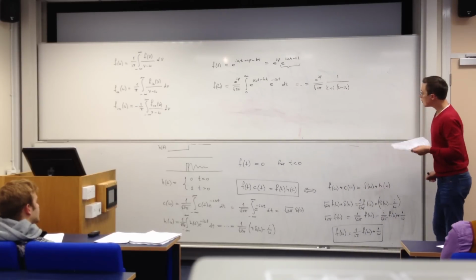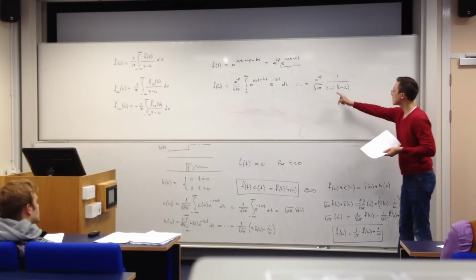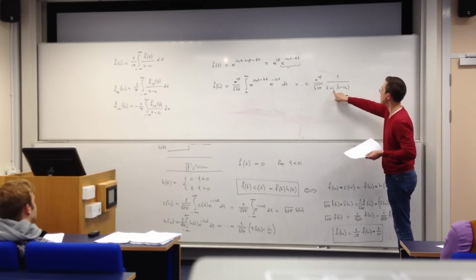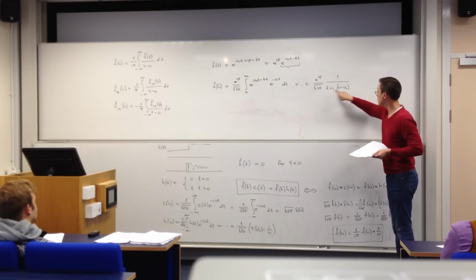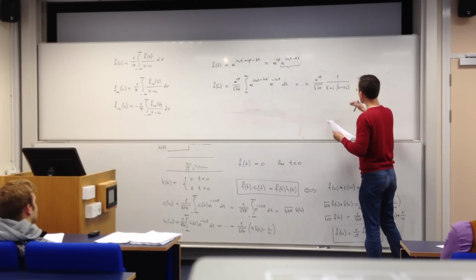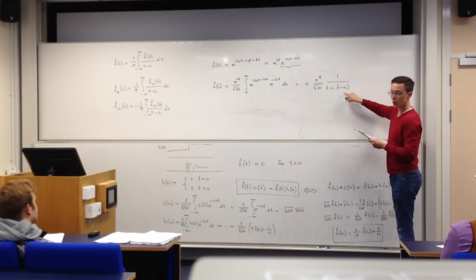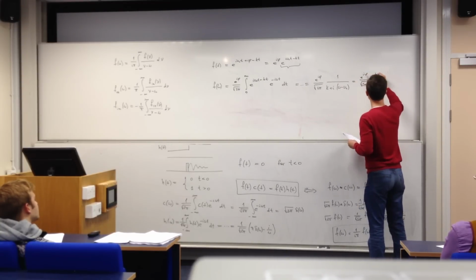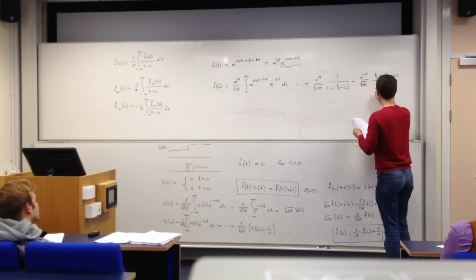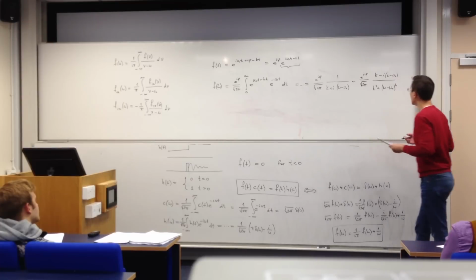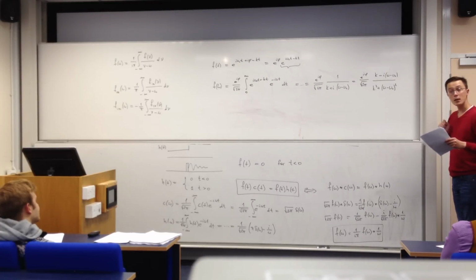Well, it's generally not a good practice to have imaginary numbers in denominators. So why don't we multiply this by k minus i(ω minus ω0)? We have the difference of squares in the denominator, and the complex number will move to the numerator. So we basically divide and multiply by the complex conjugate of this. So it will be e^(iφ) over root 2π, (k minus i(ω minus ω0)), and in the denominator we have k squared plus (ω minus ω0) squared. And now we can easily separate the real and the imaginary part of this.